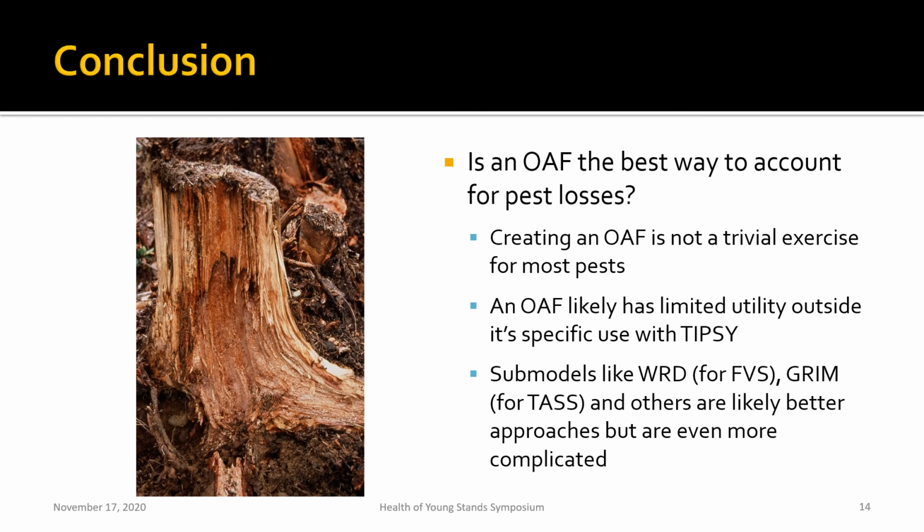Incidence and severity are probably better accounted for, and it may be, even though it's more complicated, a more comprehensive and better approach to modeling pests than trying to use some adjustment factor that may or may not be accounting for how the pest actually acts, especially if it's limited to an 80 or 100-year time horizon. May not be giving you the best value for your buck in terms of determining a loss factor.